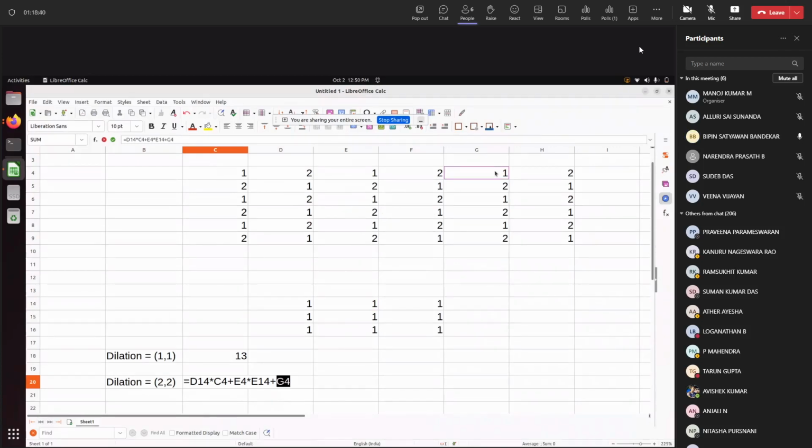Row-wise also you have to skip alternate rows. So this guy, plus this into this guy. Plus again, leave the pixel with value 2, go to the 1.